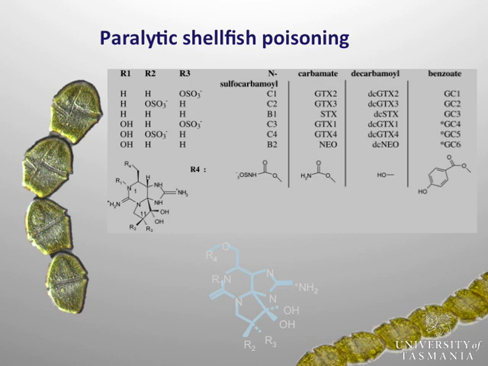The compound has four different sites that vary in terms of the side group, the chemical group that can be on the side, and so there are half a dozen different variants that change not only the conformation of the compound but also how it interacts with the nervous system of humans.